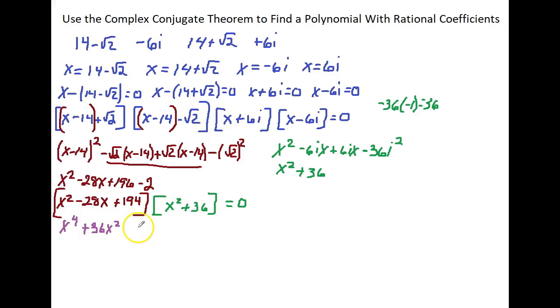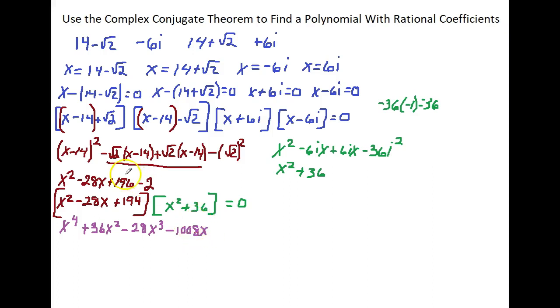So negative 28x times x squared gives me negative 28x to the third power. Then I take negative 28x times 36. So let me get that on my calculator here. And I get a nice big number, negative 1008x.